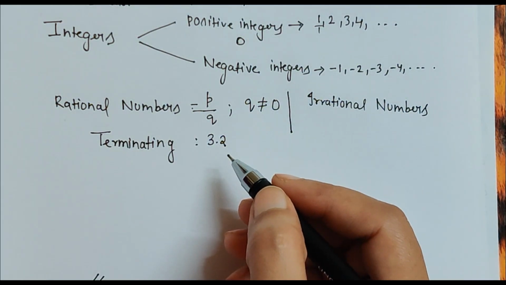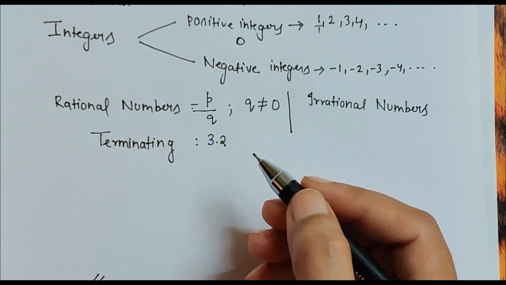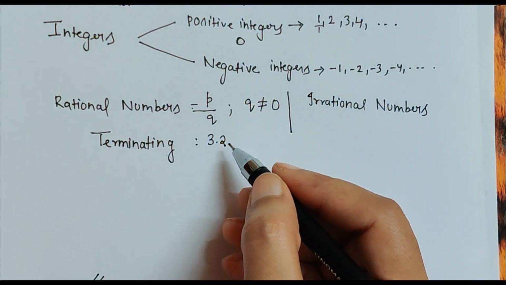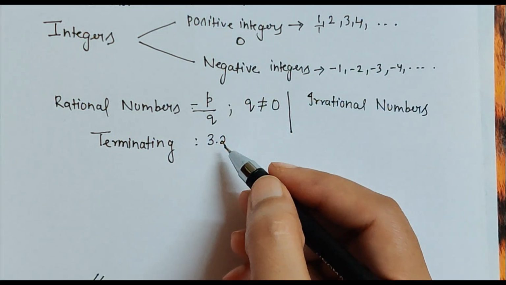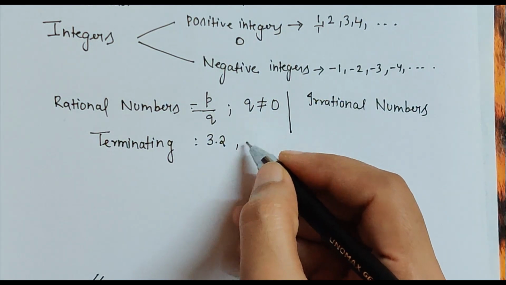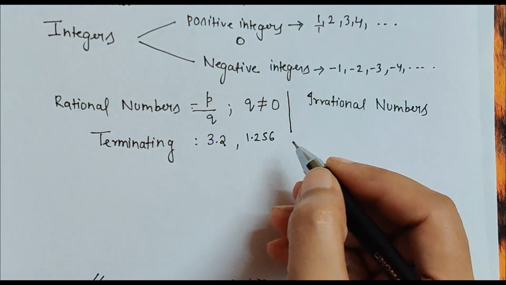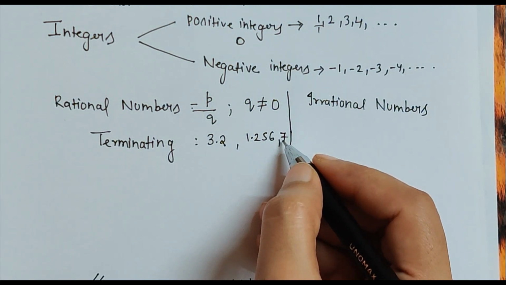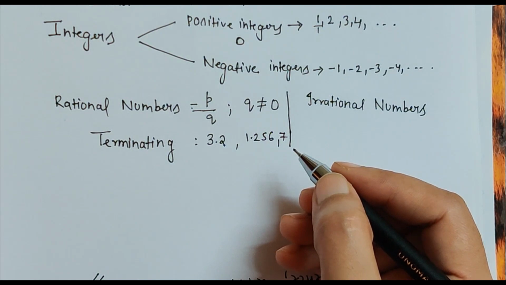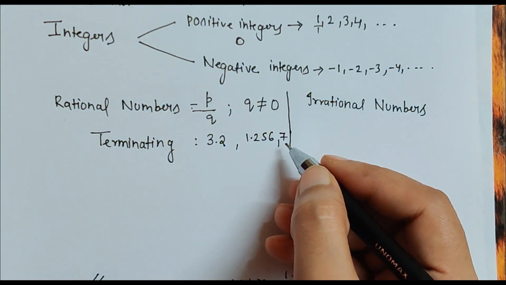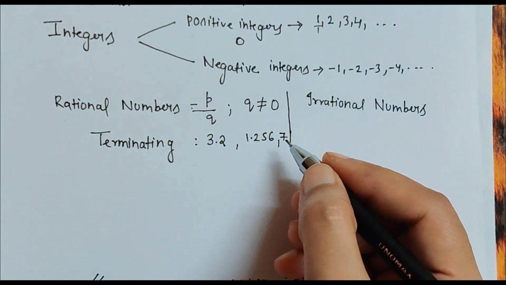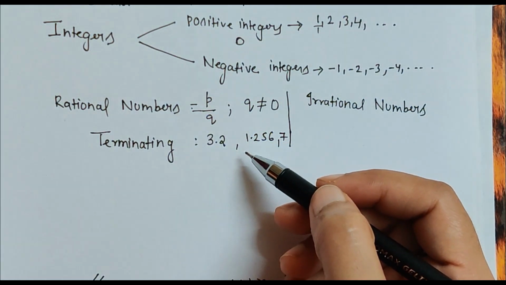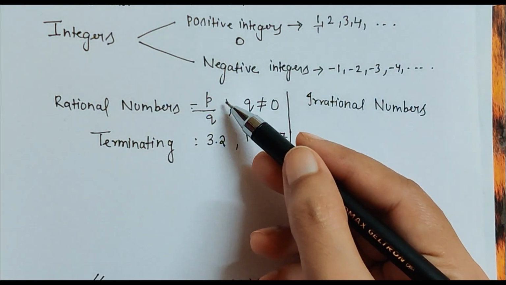So 3.2 is a decimal expansion which does not have endless numbers after the point, right? 3.2, or 1.256, or if I write only 7, that's it, there is nothing after 7. So these are examples of terminating decimal expansion, and this comes under rational numbers, because in some way or the other these numbers can be written in the form of p by q.